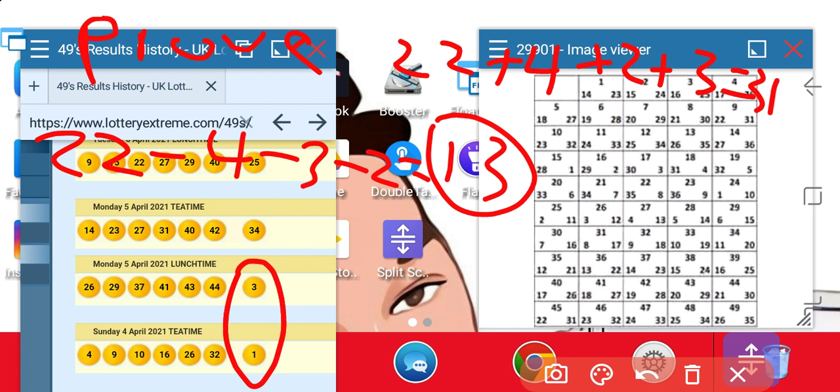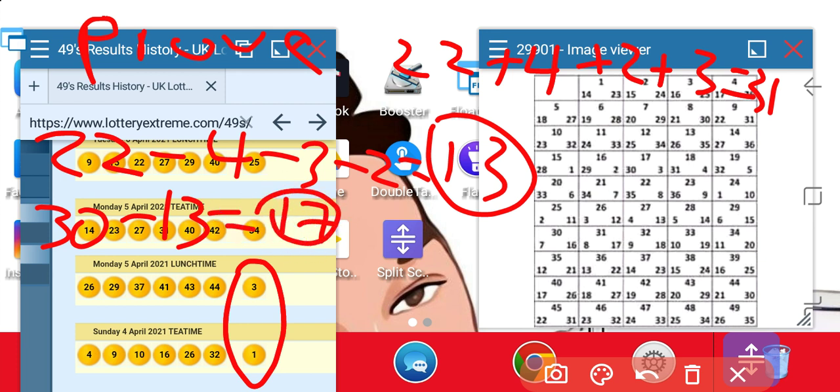I hope you still remember our bigger number was 30. So we just say 30 minus 13. It gave us 17, and our 17 we're still going to subtract on the bigger number.